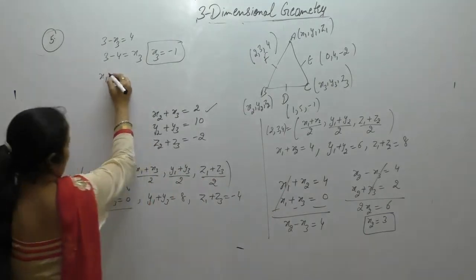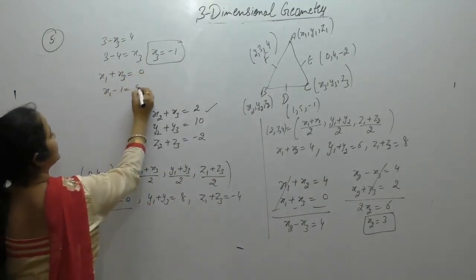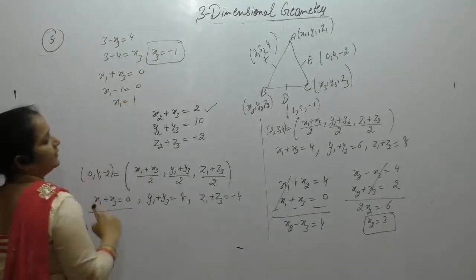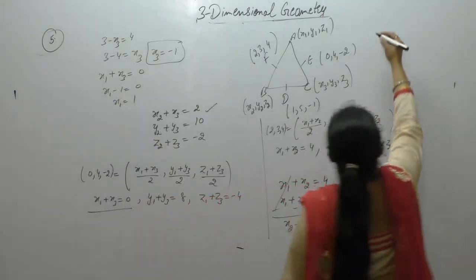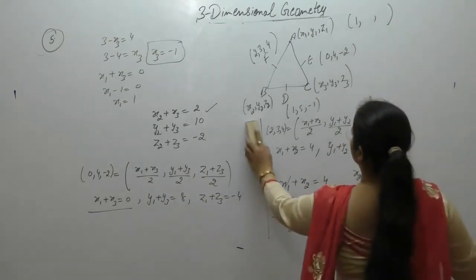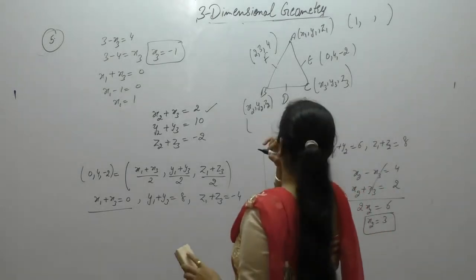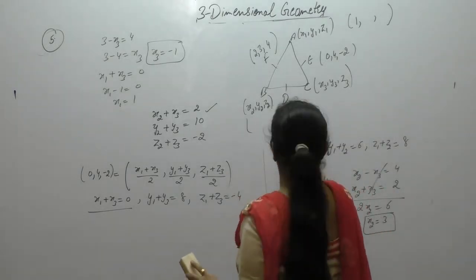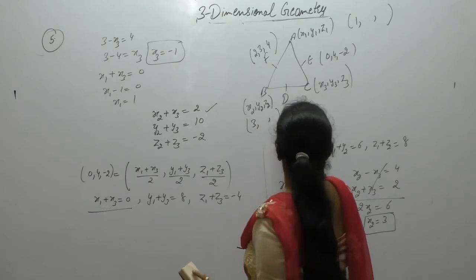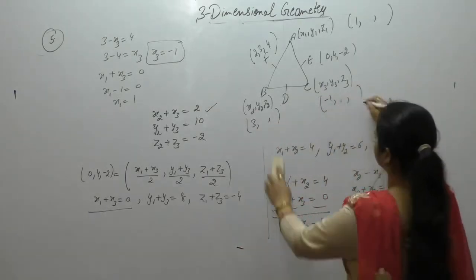We have x1 plus x3 is 0. x3 is minus 1. So x1 is 1. So what we get? x1 as 1, x2 as 3 and x3 as minus 1.